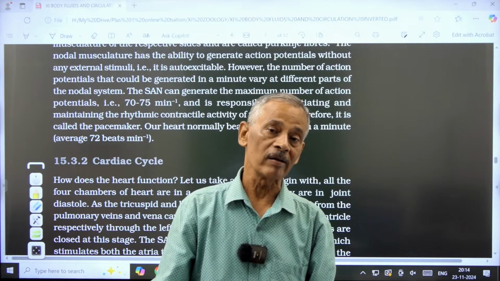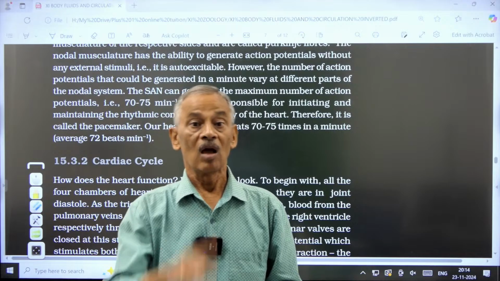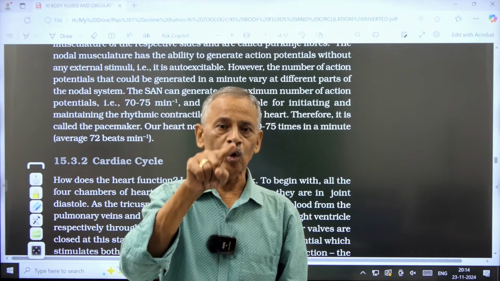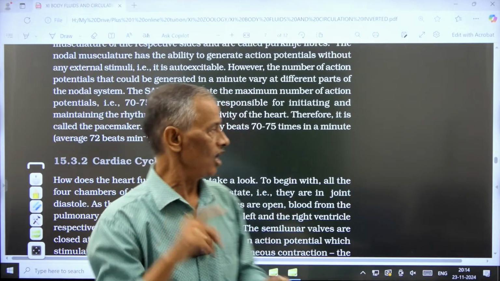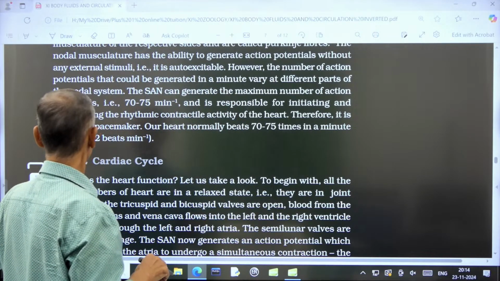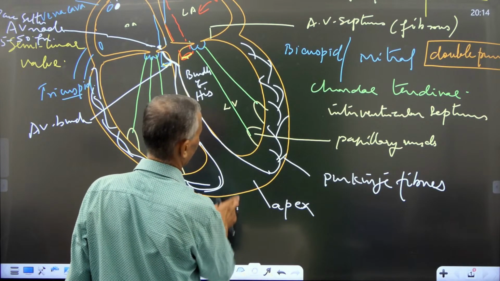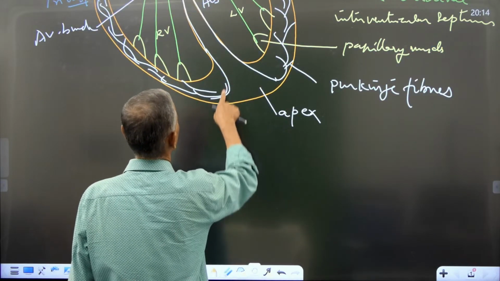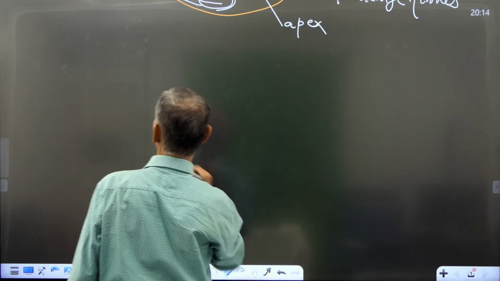It is called relaxation or diastole. One systole followed by its diastole is called a cardiac cycle. So we are having a cardiac cycle. So understand these points.